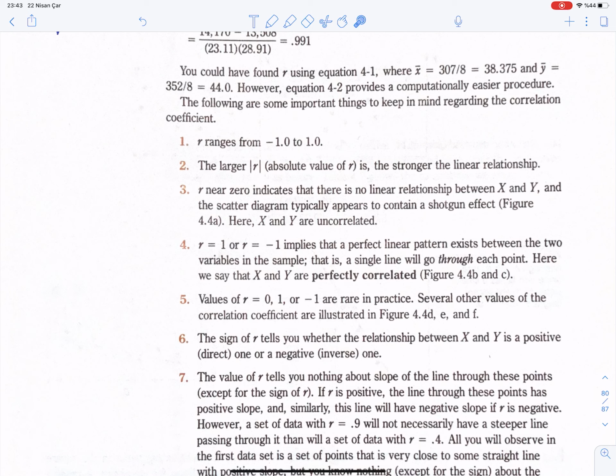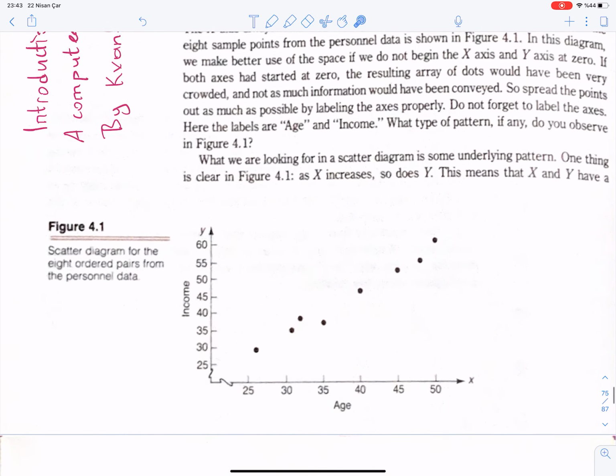R equals 1 or R equals -1 implies that a perfect linear pattern exists between the two variables in the sample. That is, a single line will go through each point. So there will be no error. It means the fitted line will fit exactly. Let's see this picture.